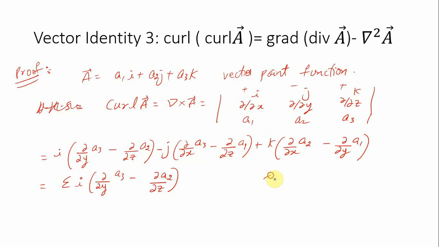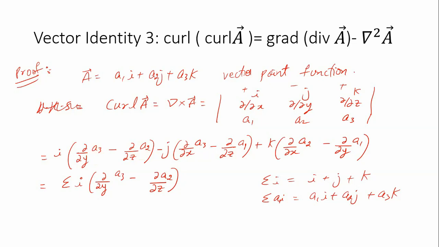We always take sum of i as i plus j plus k. This is what you have to remember. Next, if summation A1 i is there, it is A1 i plus A2 j plus A3 k. For our simplification, I have made it very short so that in the problem we can easily substitute the values. If you want, you can write it in this form, no problem.